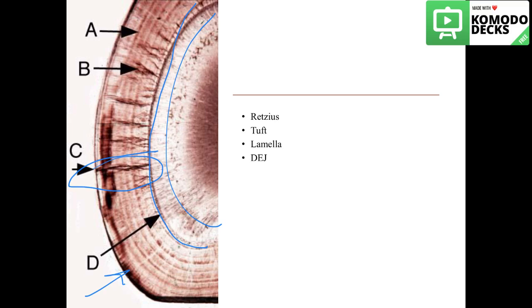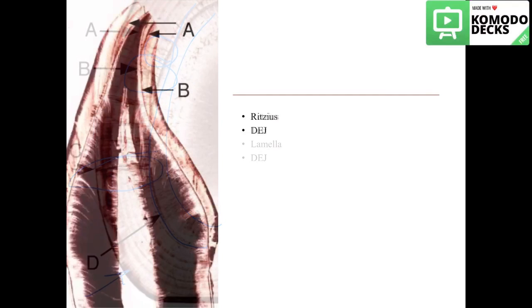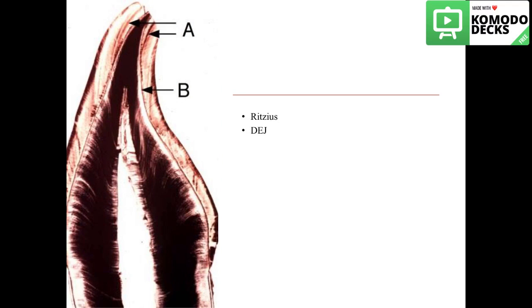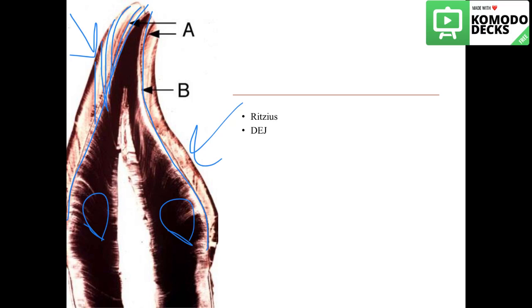This is a lamella, and these are tufts. In a longitudinal section, this would be the dentino-enamel junction. What is here? The dentine, the enamel, and the striae of Retzius can be seen as lines in the enamel.